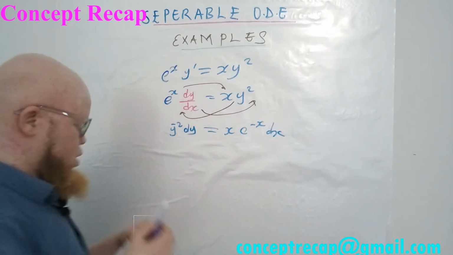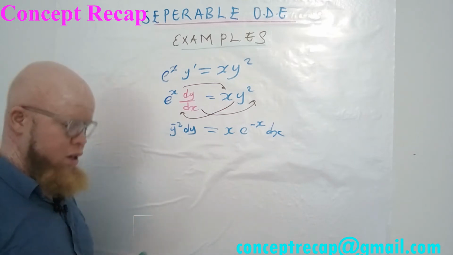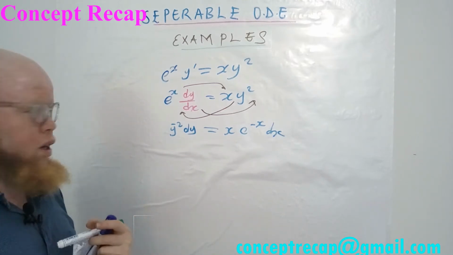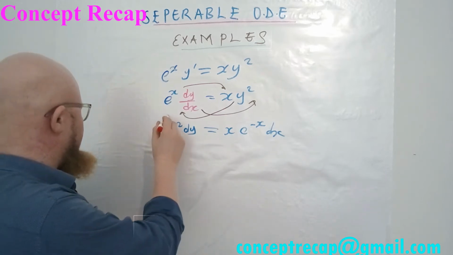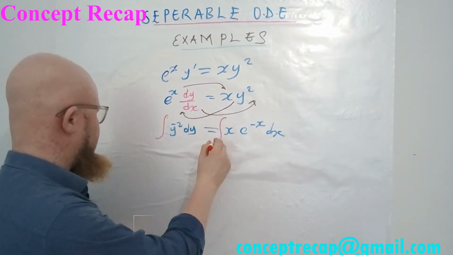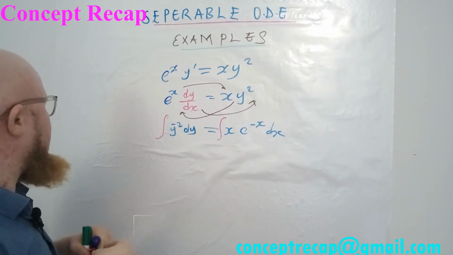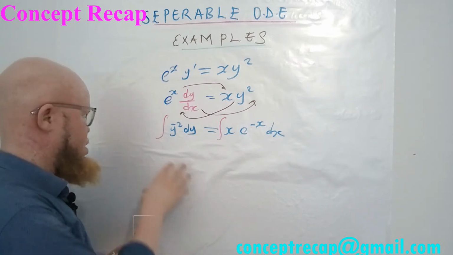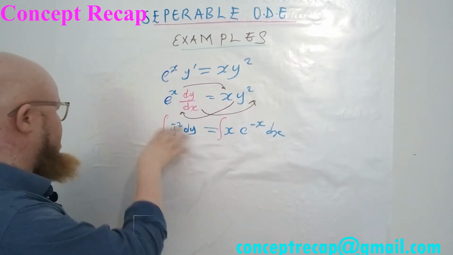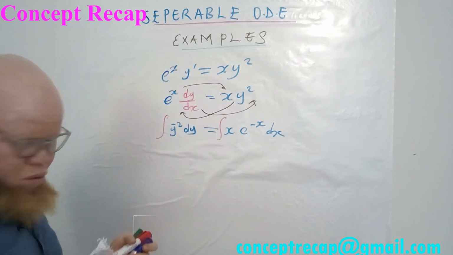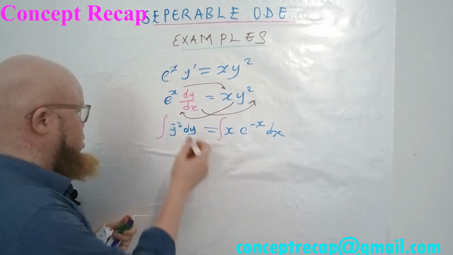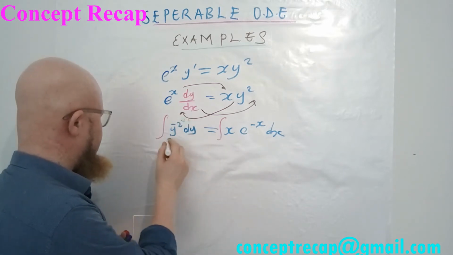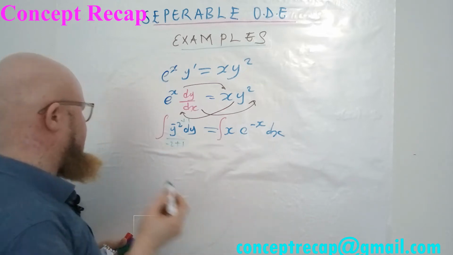So we have managed to separate. Then you integrate both sides, and for this one, you are going to add 1 here and divide by the denominator, the same thing.